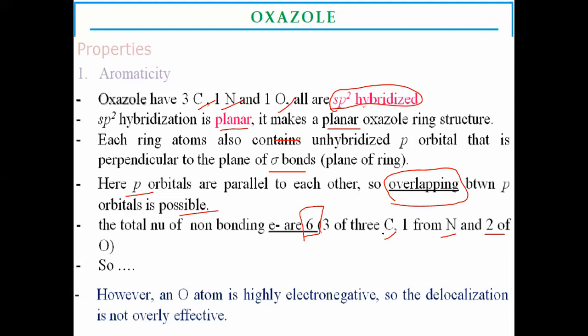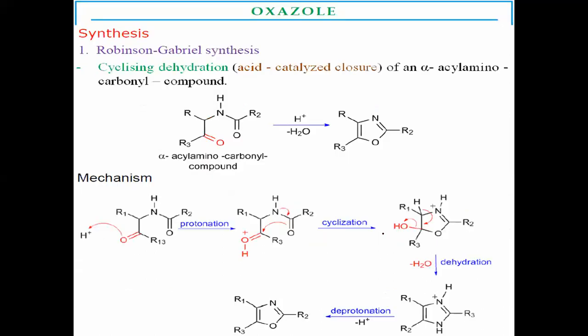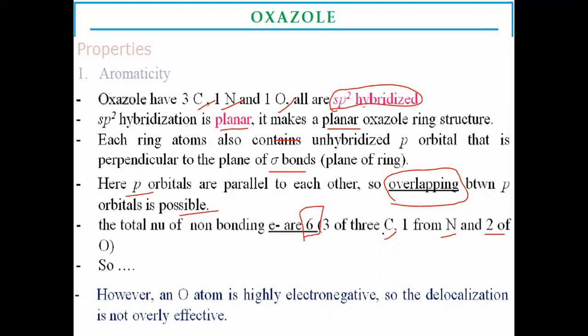These are less effective because oxygen is a more electronegative atom than nitrogen and sulfur. So this oxazole is aromatic in nature because it passes all the criteria of aromaticity.